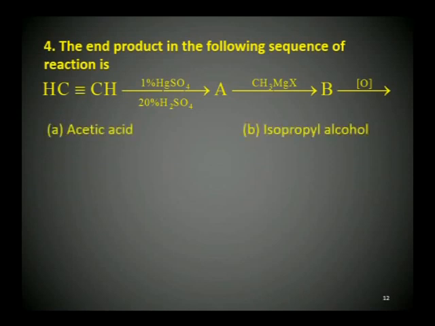And the options given are acetic acid, isopropyl alcohol, acetone, and ethanol.